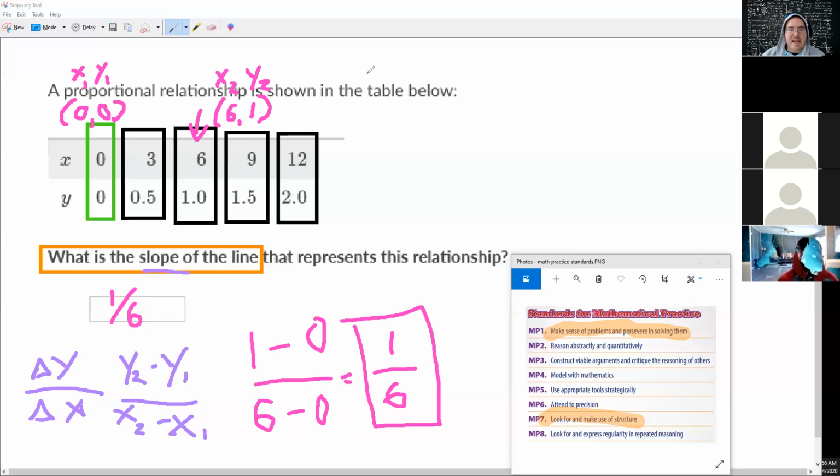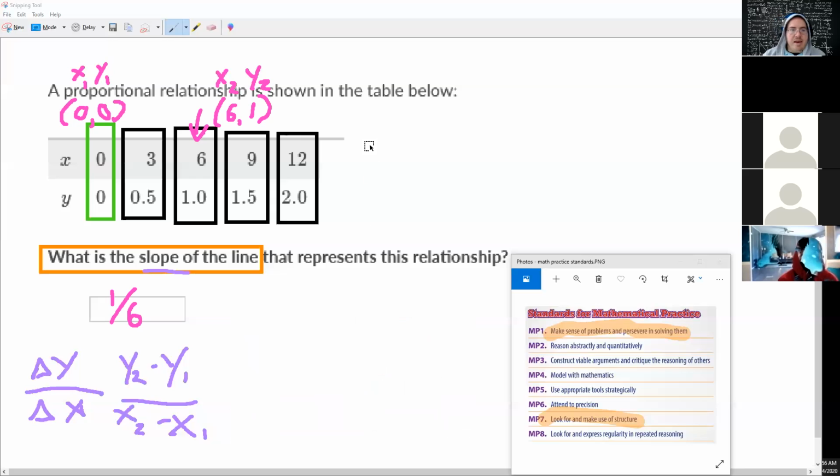That would have come out the same if we had chosen another coordinate, like what if we had chosen 12 and 2?